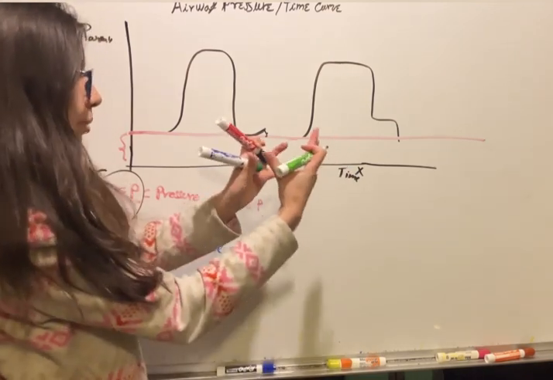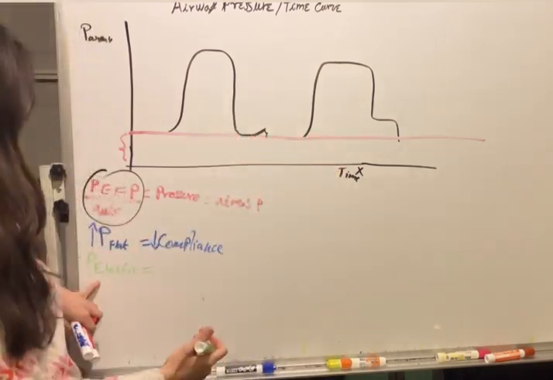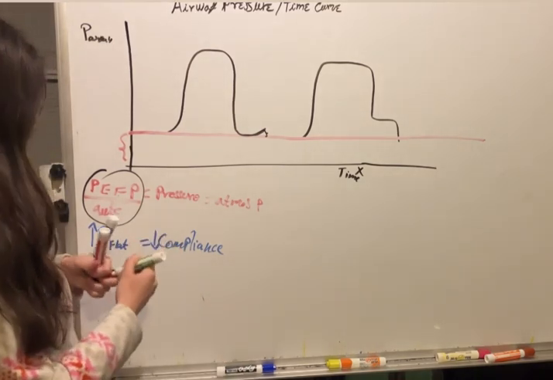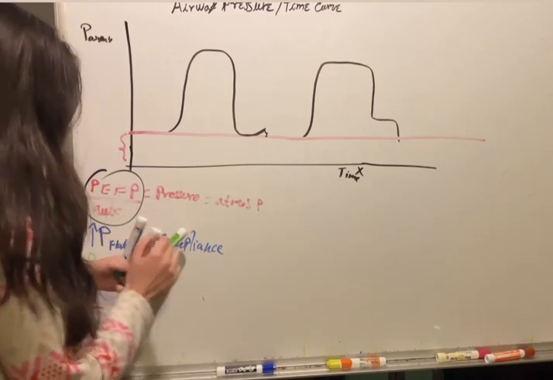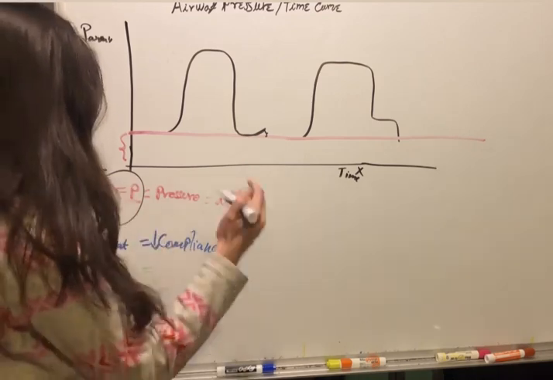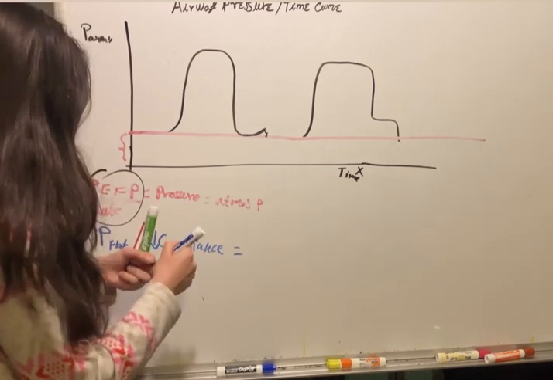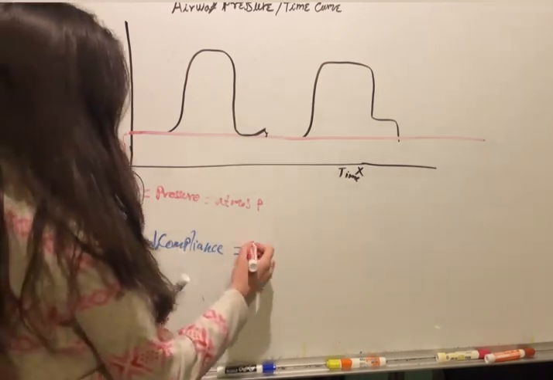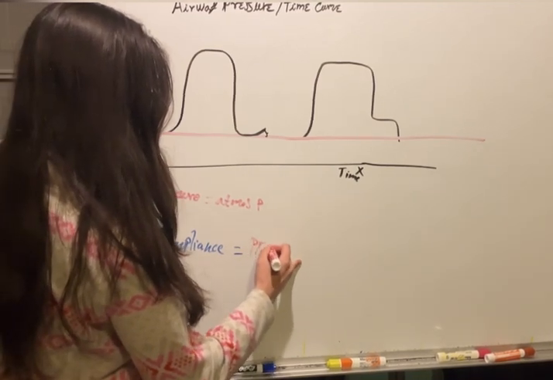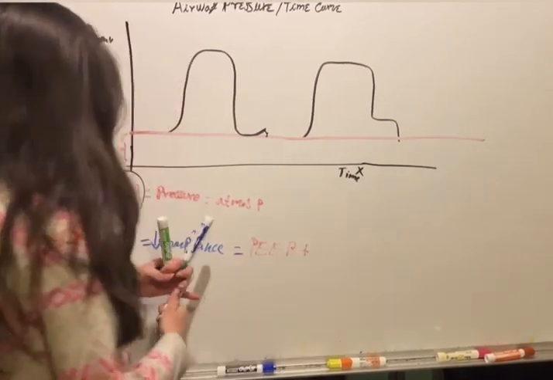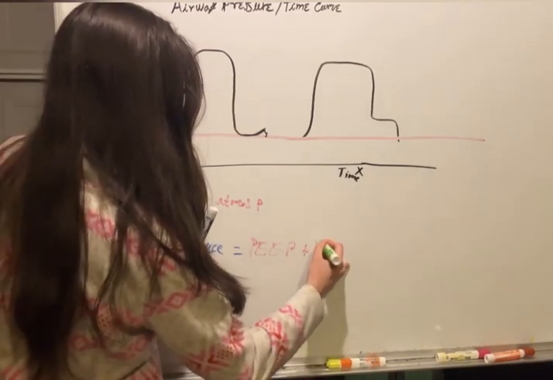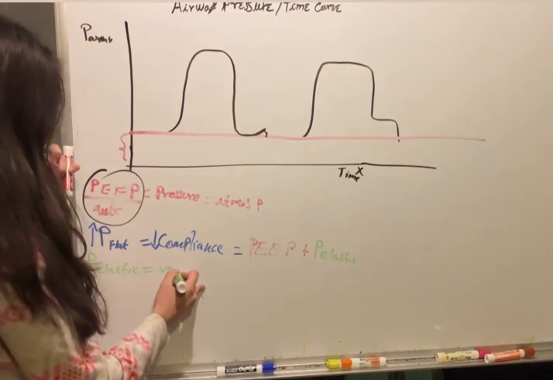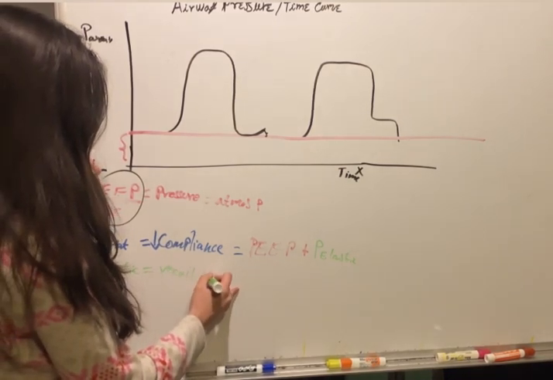So this tendency to recoil is the elastic pressure. So we can say that plateau pressure is equal to positive end-expiratory pressure plus the elastic pressure. This is like, let's say, the recoil of the lung.